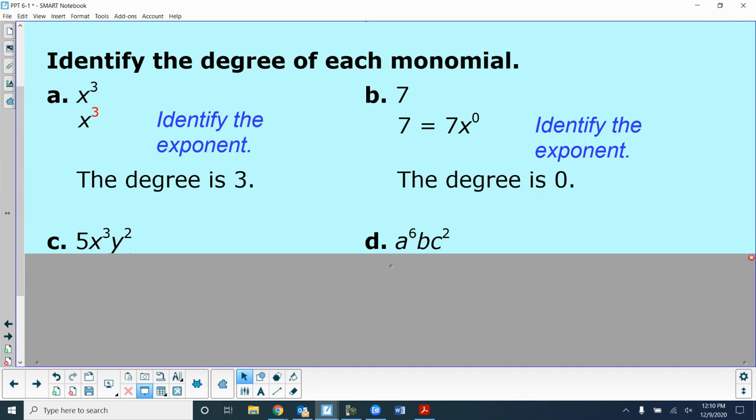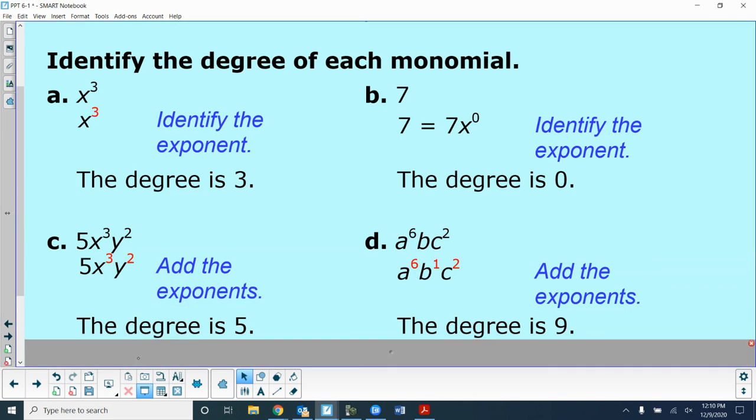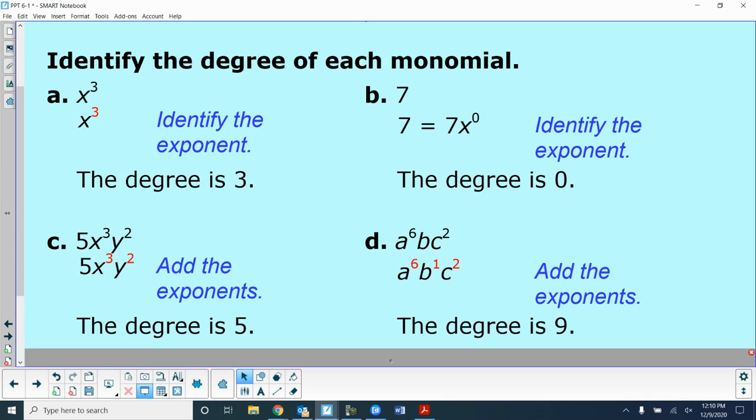Yep. And it's because of the 3 and the 2, not because of the 5 in front, right? Audrey, D. Good. We got how to figure out degree of a monomial. Pretty easy, right?